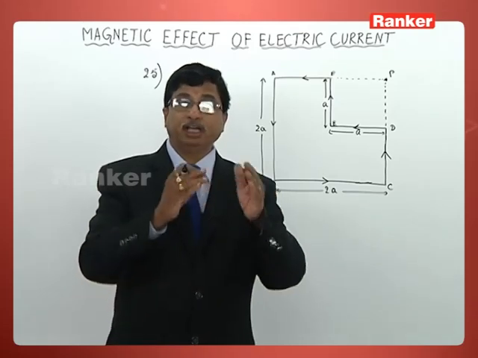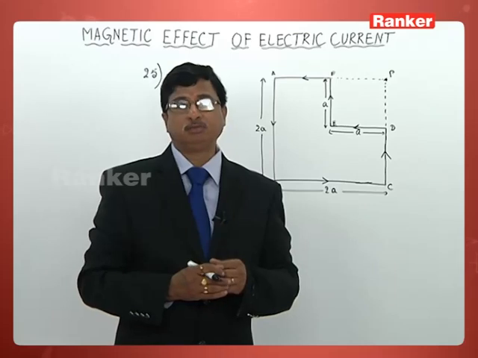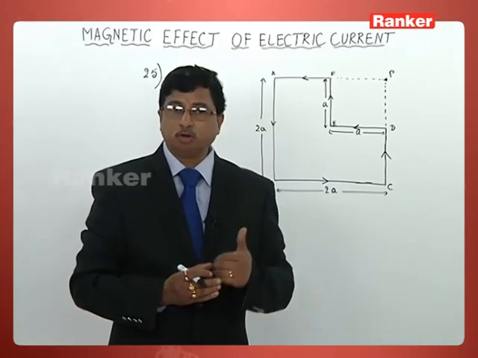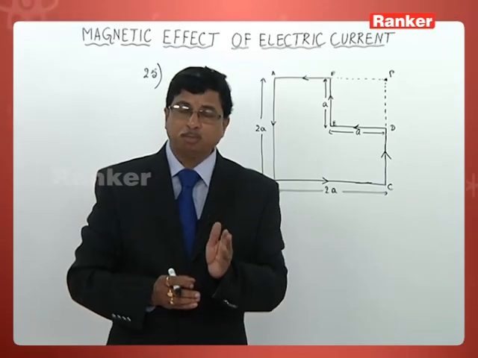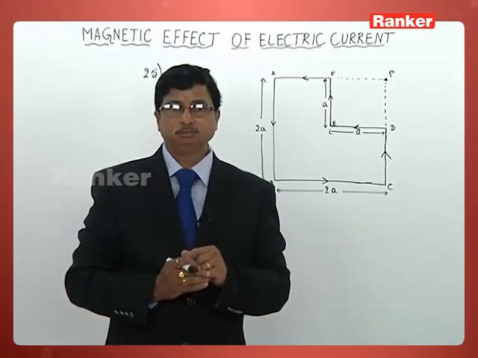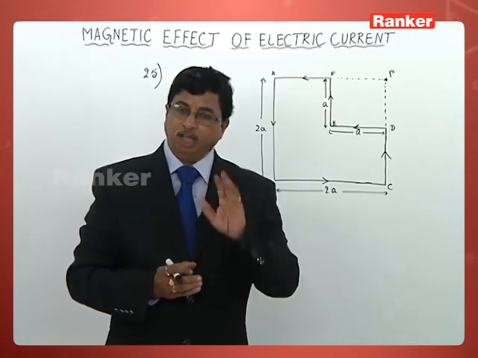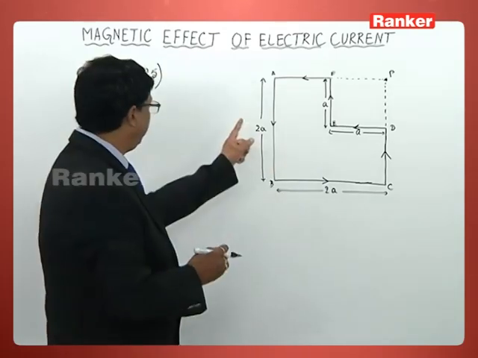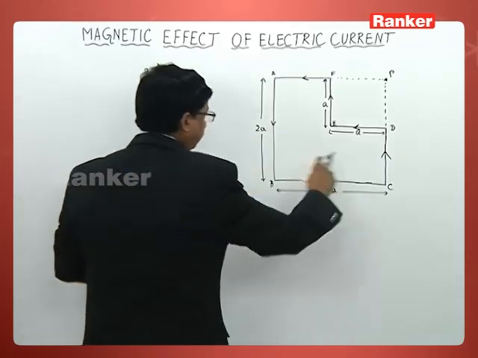A conductor of finite length I am talking. There is a formula which all of us know, mu naught by 4 pi I by R into sin phi 1 plus sin phi 2, or sin alpha plus sin beta, whatever you write. Same formula we are going ahead with now. So take this part and this part first.